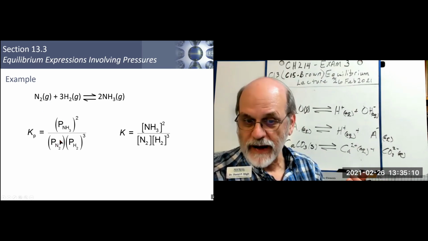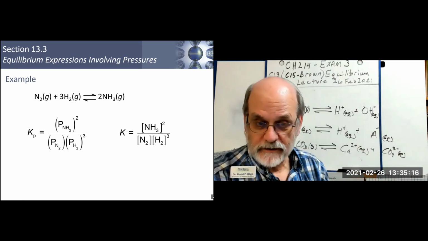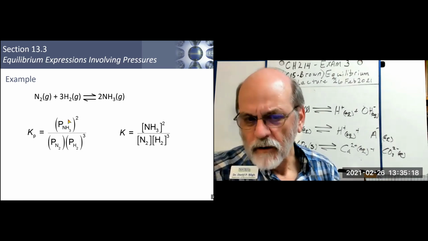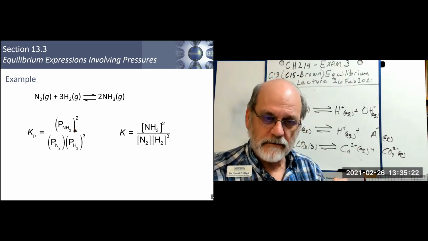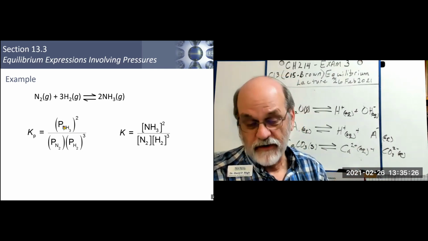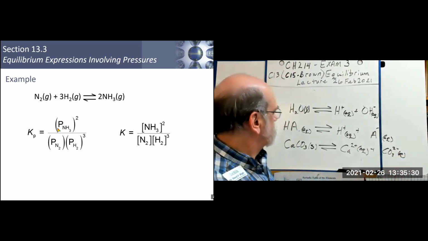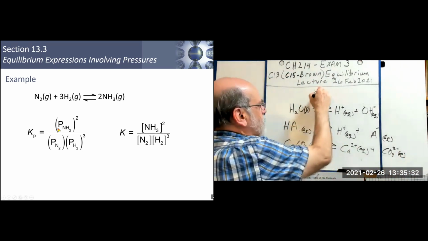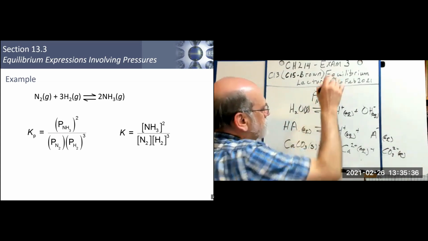Nitrogen gas to the first power, hydrogen gas to the third power. Right? That could also be written. Now, when we write it this way, I said earlier, this is a non-equilibrium situation when there's P involved. In fact, very often the parentheses are omitted. You just say P like that to the second power.